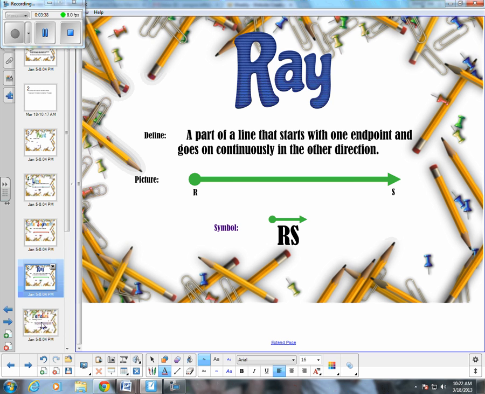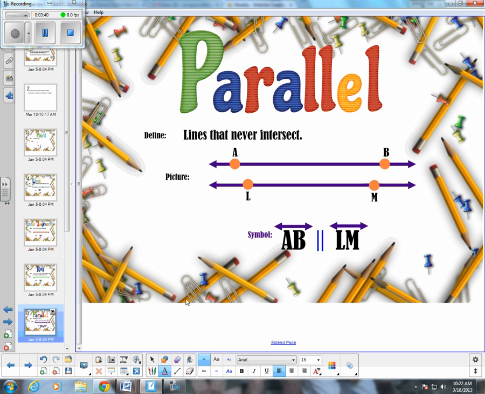Now another one we're going to talk about today is parallel lines. Parallel lines are never intersecting. They never cross. And I always think about parallel lines as two railroad tracks. Railroad tracks rarely, never intersect. So if you think about two railroad tracks, those are parallel lines. Now, if you look here, we have two lines. There's arrows on each end, so that tells us a line.